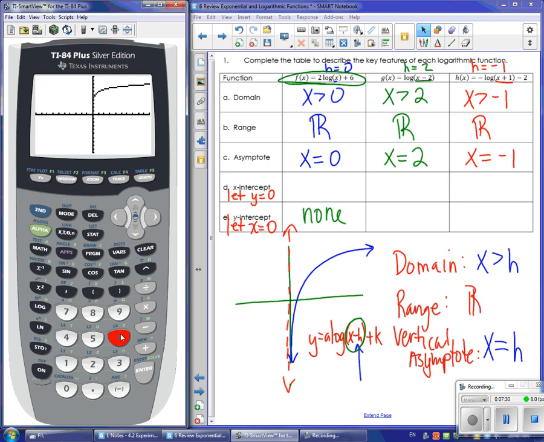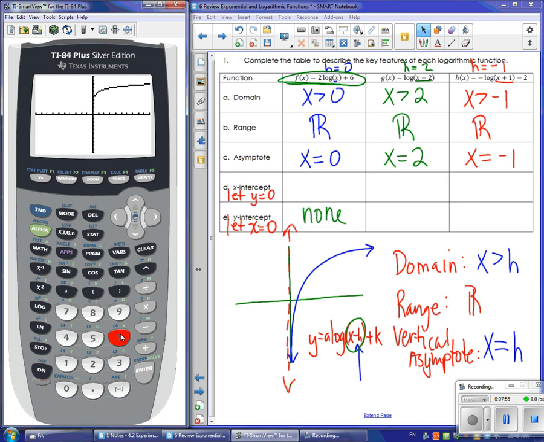And remember with the logarithm, because that vertical part of the graph is so steep, our calculator doesn't always show it very nicely. So it's a little bit hard to see, but I can tell that the graph doesn't ever cross over the y-axis. If you can remember that the vertical asymptote is the y-axis, then that should help you understand that there is no y-intercept because the graph never touches the y-axis. It does, however, touch the x-axis. It's just really hard to see.